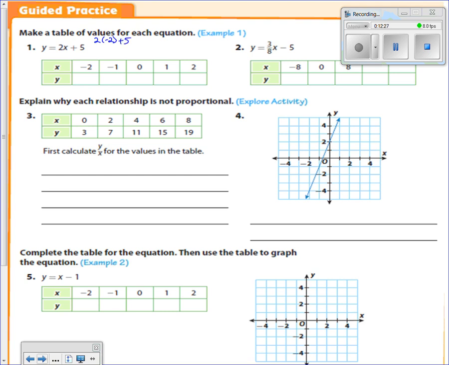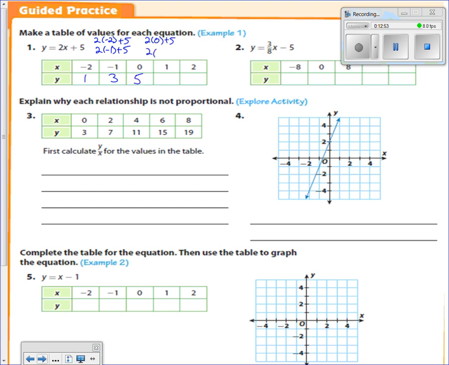That's 2 times -2 is -4. -4 plus 5 is 1. 2 times -1 plus 5. That's -2 plus 5 is 3. 2 times 0 plus 5. 2 times 0 is 0 plus 5 is 5.